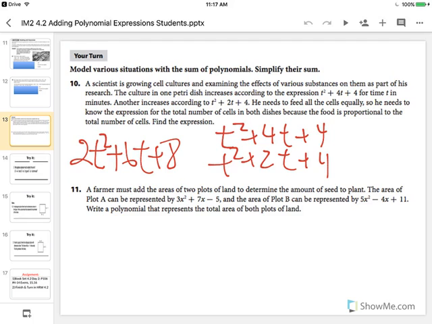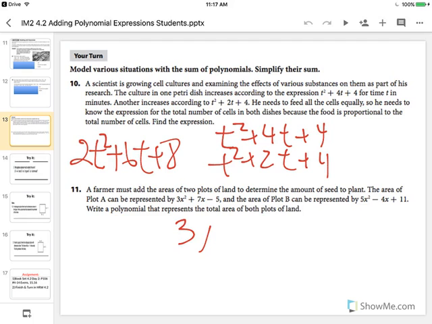Right, and then for number 11, a farmer must add the area of two plots of land to determine the amount of seed to plant. The area of plot A can be represented by 3x squared plus 7x minus 5, and the area of plot B can be represented by 5x squared minus 4x plus 11. Write a polynomial that represents the total area of both plots of land.